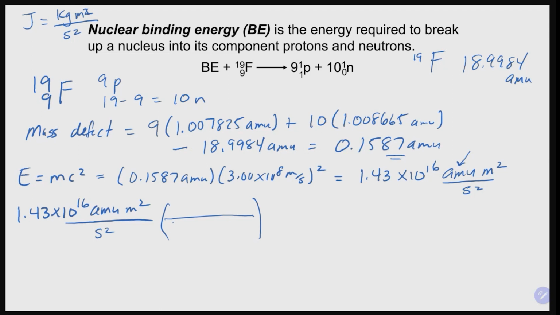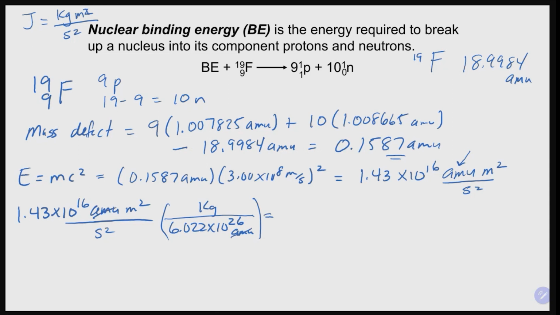So that's going to be 6.022 times 10 to the 26 AMU is a kilogram. Avogadro's number is to the 23rd. Yes, to the 26 gets you kilograms, to the 23rd gets you grams. So that's why it's to the 26 here. And that will get us the AMU to cancel out.